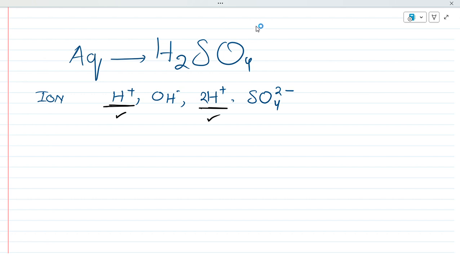Now if we want to compare the reactivity for the negative ions, there is the one hydroxide ion and there is the sulfate ion. For negative ions, the halide ion will react only if it is in the concentrated form. But if it is not in the concentrated form, what will happen in that case? Hydroxide will be reacting.